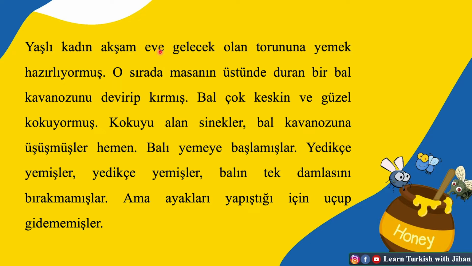We have to put e. This is the vowel harmony rule, which I have a video about. You don't put a, eva. It doesn't work. There's no harmony in the word. Eve. So the old woman was preparing food for her grandchild that was coming to her house in the evening.